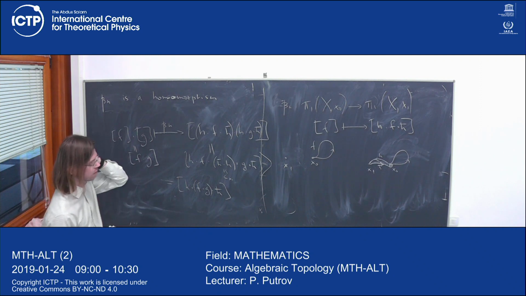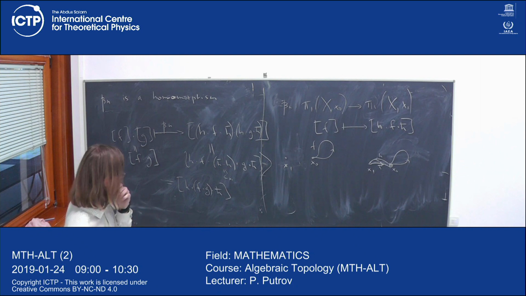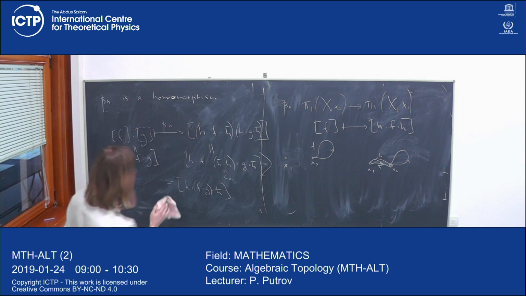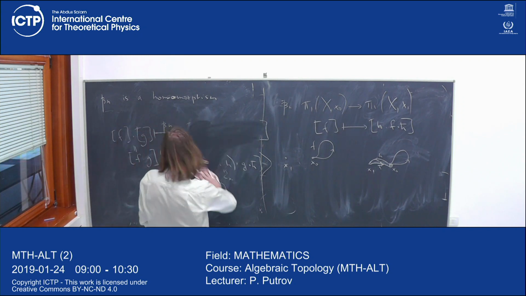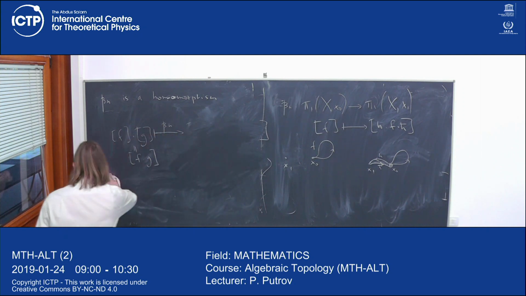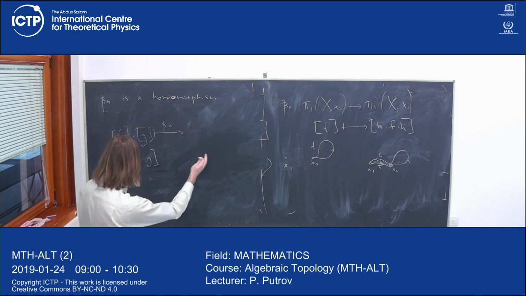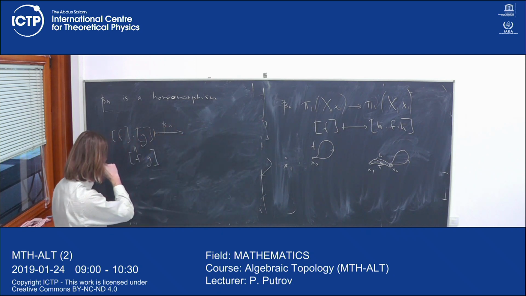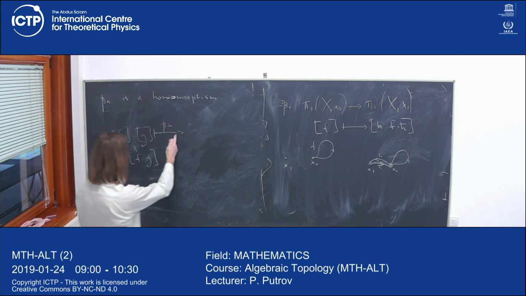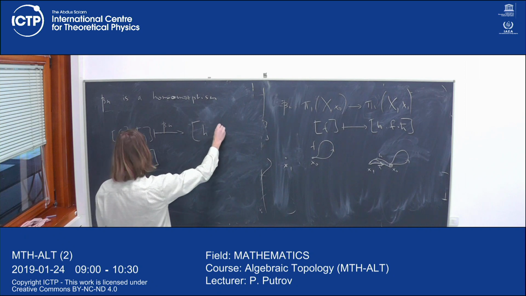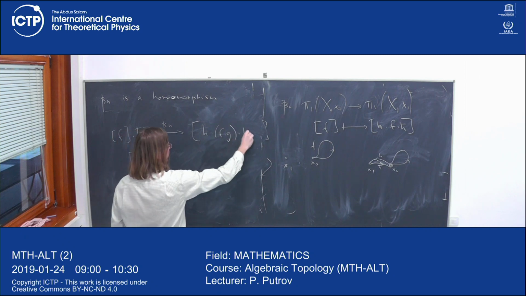Sorry, my logic was a bit flawed. So let me repeat it again. All equalities were correct, but okay, I start with this, so I have f times g mapped by BH.